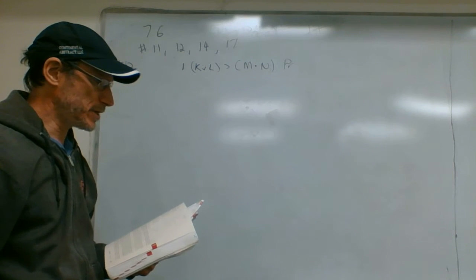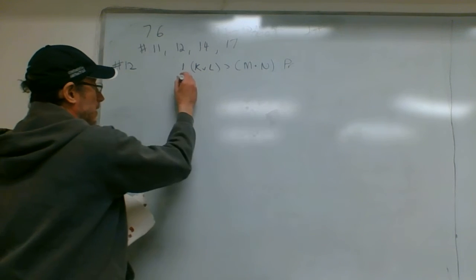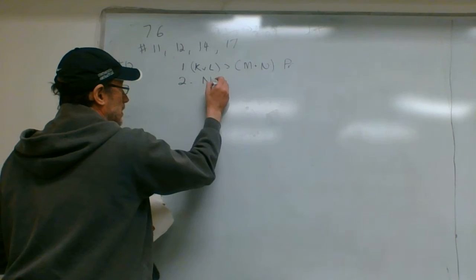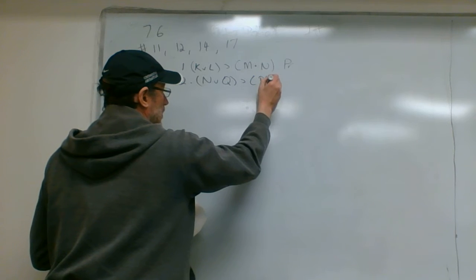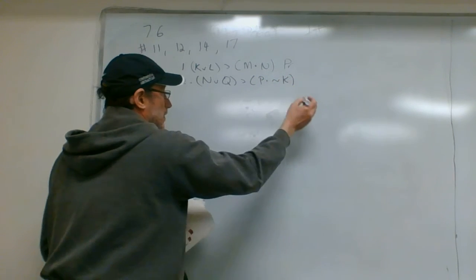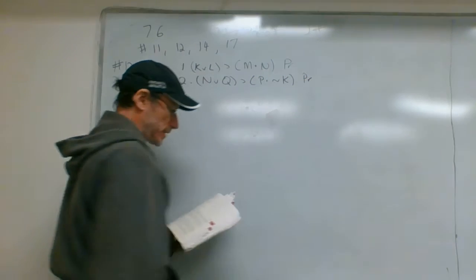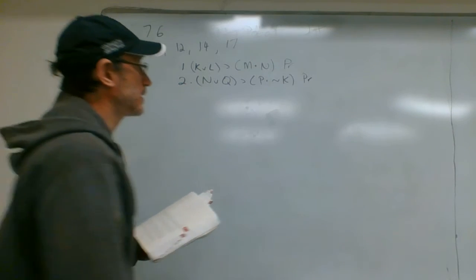We have N wedge Q horseshoe P, and not K. That's the second premise, and we're trying to get to not K.